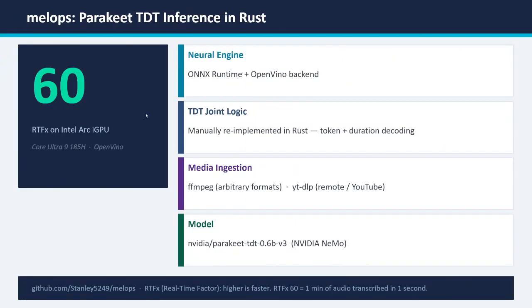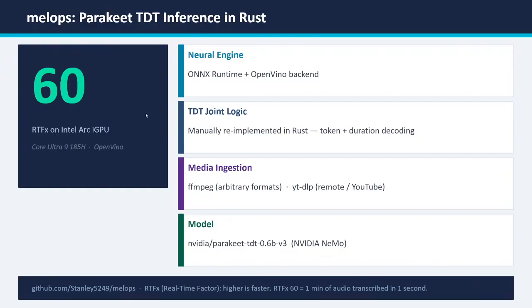With the paper covered, I want to share my own implementation project, Melops. This is a CLI tool written in Rust, built to fully replicate TDT's high-efficiency inference. For the tech stack, I use ONNX Runtime paired with Intel's OpenVINO backend.